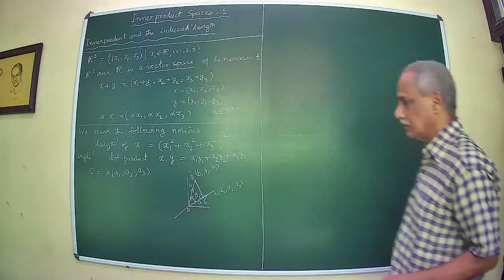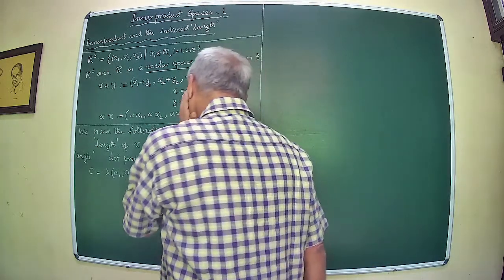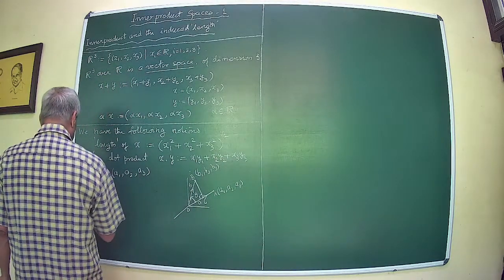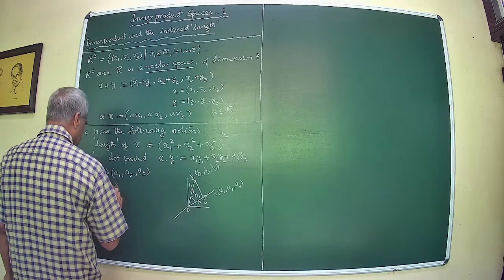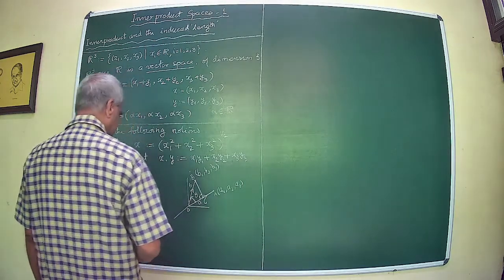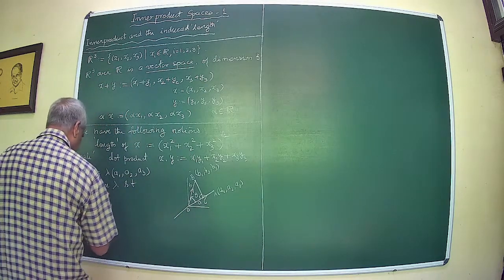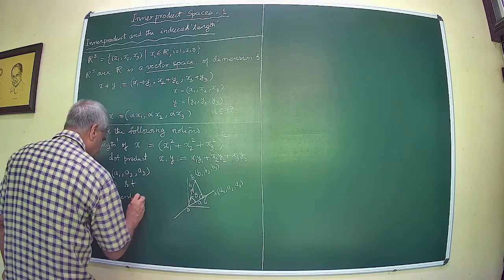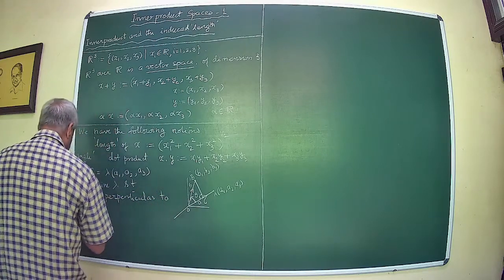So it is given by lambda times A1, A2, A3. Now we have to determine lambda such that BC is perpendicular to OA.